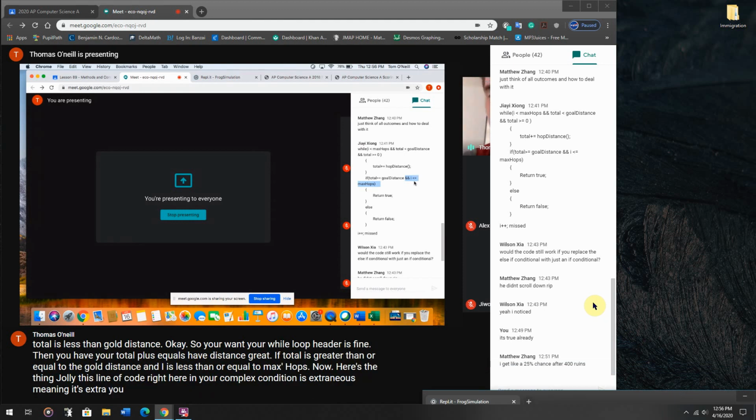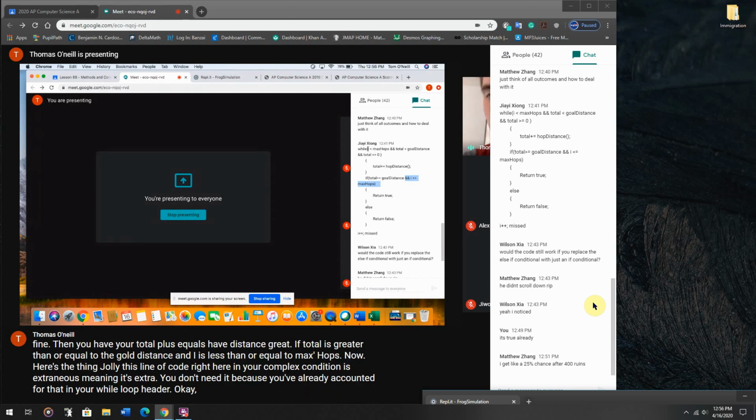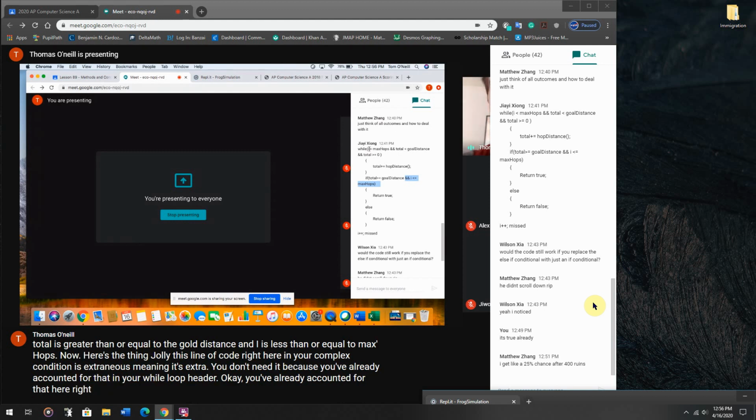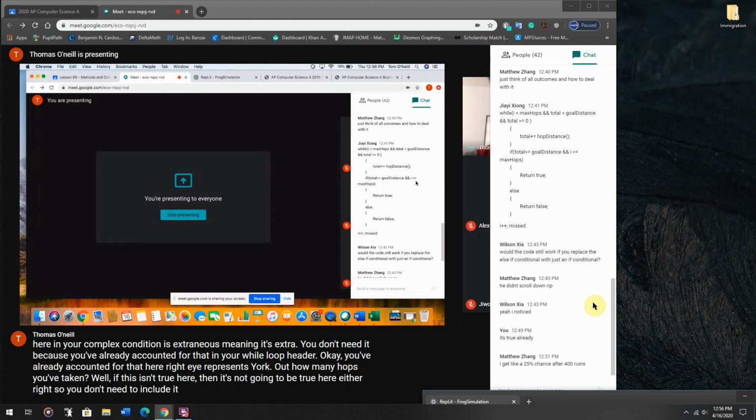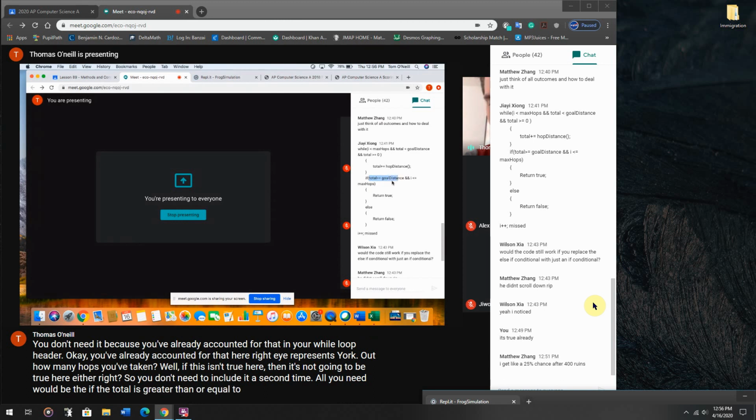You don't need it because you've already accounted for that in your while loop header, okay? I represents your count, how many hops you've taken. Well, if this isn't true here, then it's not going to be true here either, right? So you don't need to include it a second time. All you need would be if the total is greater than or equal to the goal distance, return true.